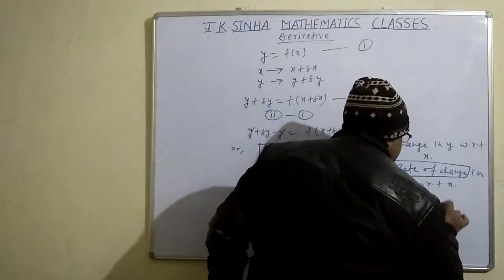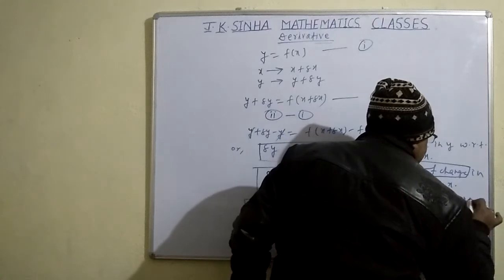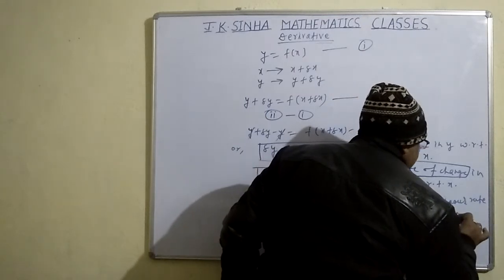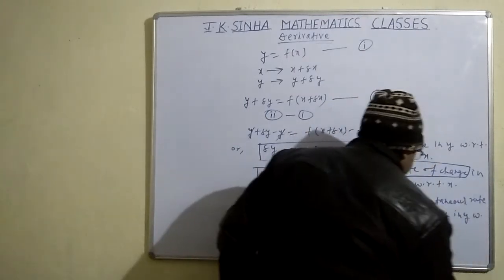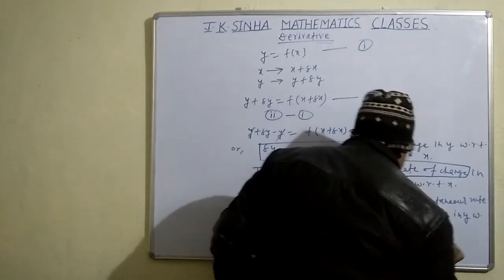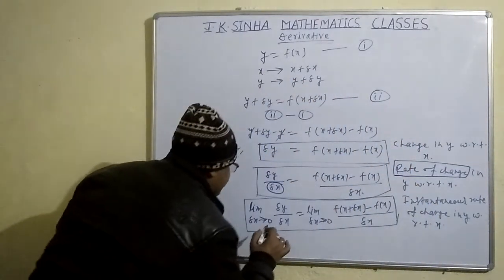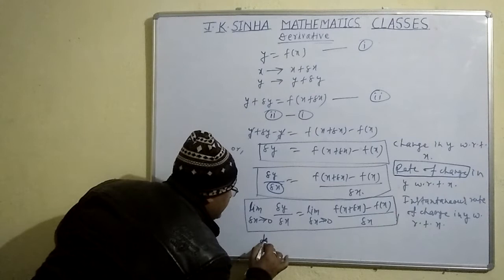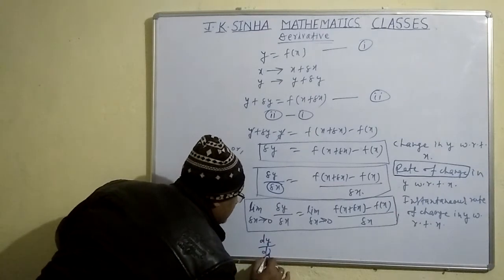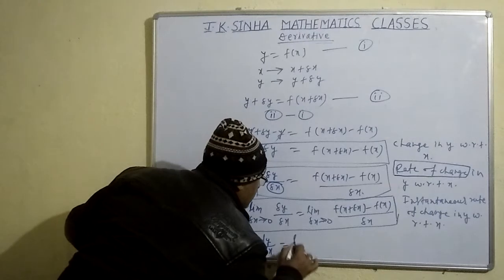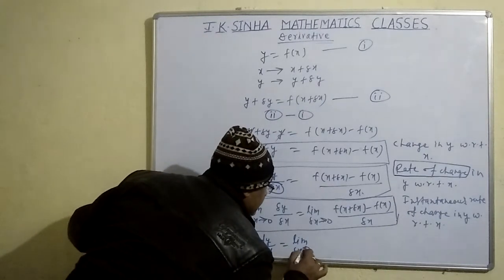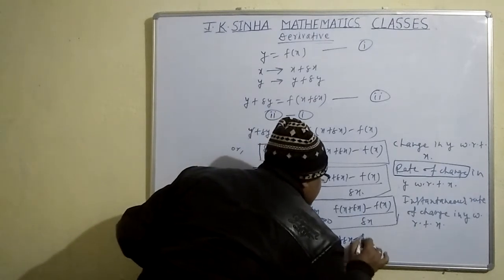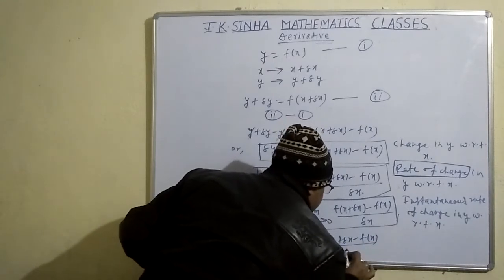Instantaneous rate of change in y with respect to x is also known as derivative of y with respect to x. So we can write derivative of y with respect to x is equal to limit del x tends to 0 f of x plus del x minus f of x upon del x.